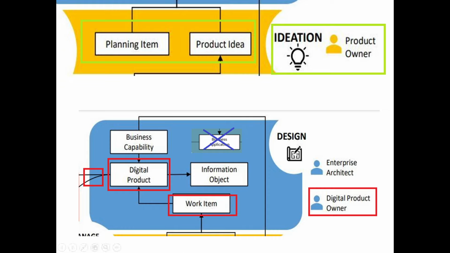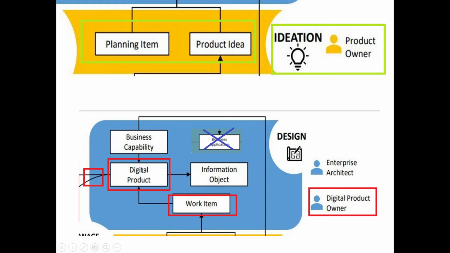So digital product has been introduced here, and also work item has been added. From product idea and product catalog, we can get the work item, and from the work item, I can use the DPR or the digital product release. This DPR is the replacement of release management v2.0. Also, it gets the capabilities to build this particular product.